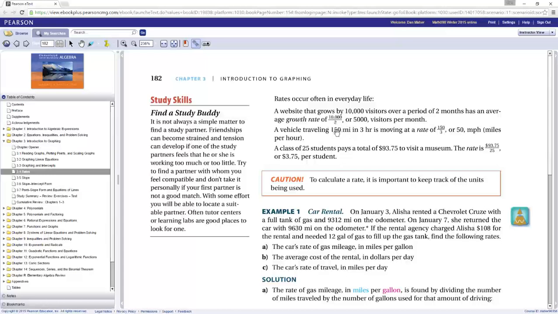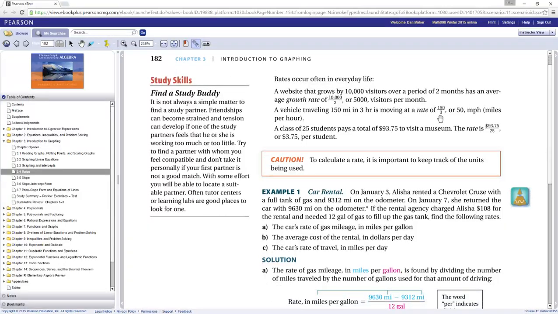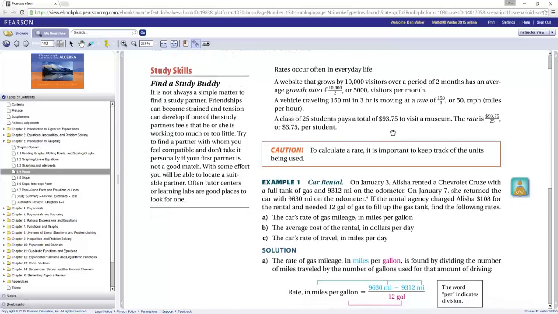And I go, hey, that's the same as 5,000 per 1 month, and so on. If I go 150 miles in 3 hours, I go 50 miles in 1 hour. That's what miles per is, a division. They should put a 1 here. Miles per 1 hour, right? And they should also do something different for m, because that's meters too.